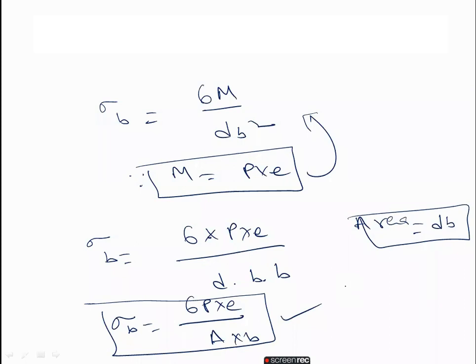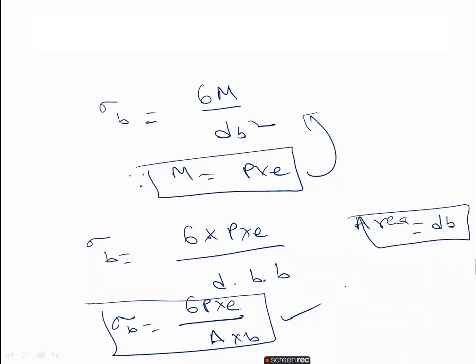The resultant stress at any point will be the algebraic sum of the direct stress as well as the bending stress. One important thing: if the y value is taken positive on the same side of the yy axis, then the bending stress will be the same type as the direct stress.